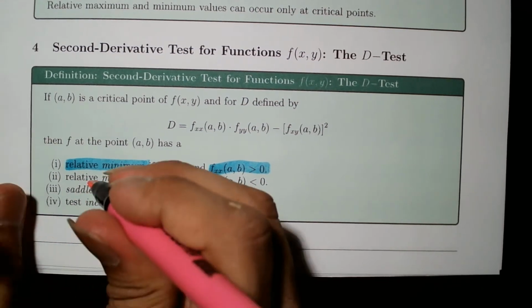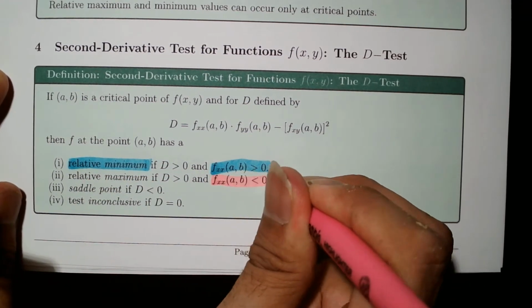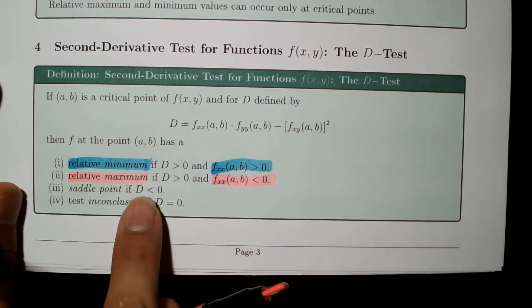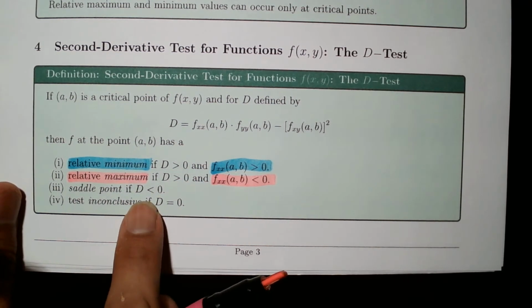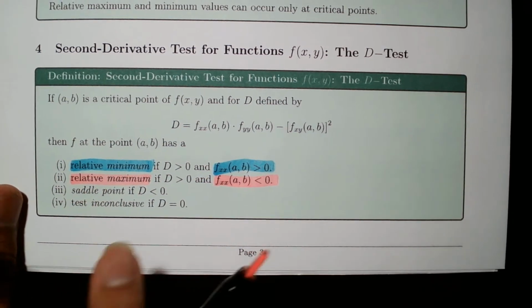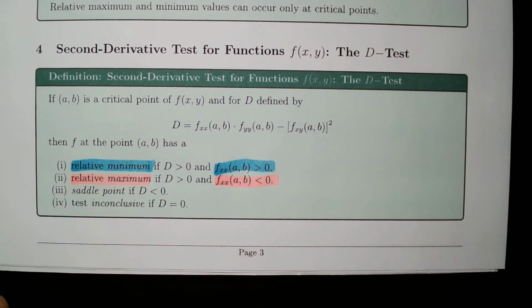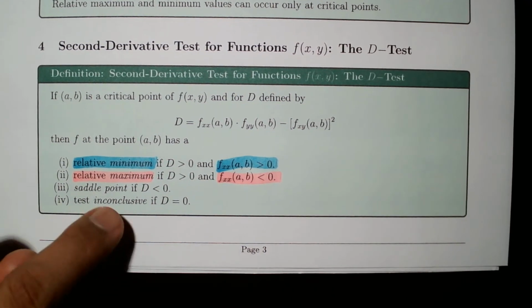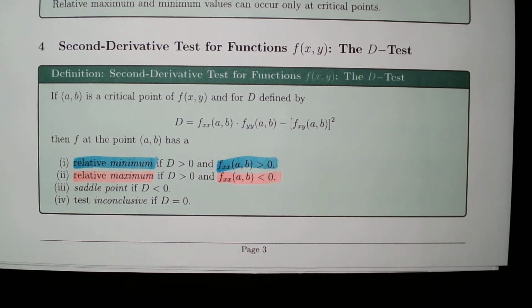The second partial is negative, relative max. If the quantity D, which we will evaluate, is a negative number, we are going to have a saddle point. And the test will be inconclusive if D turns out to be 0. Well, we don't get this very often.